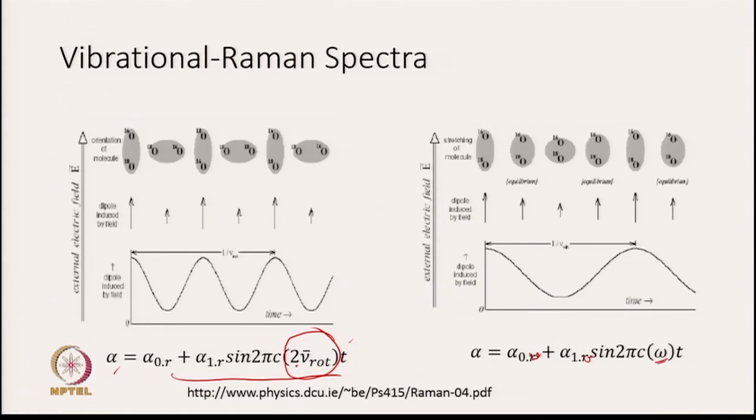One thing you will notice is that in this case it is multiplied by 2, whereas in this case it is multiplied by 1. Now, the question is why. So, let us think about the rotation of an O2 molecule, and what we have done is we have taken one 16O and one 18O. When this molecule is in this position, this is your induced dipole moment, and when it comes to the horizontal position, 18O goes this side.